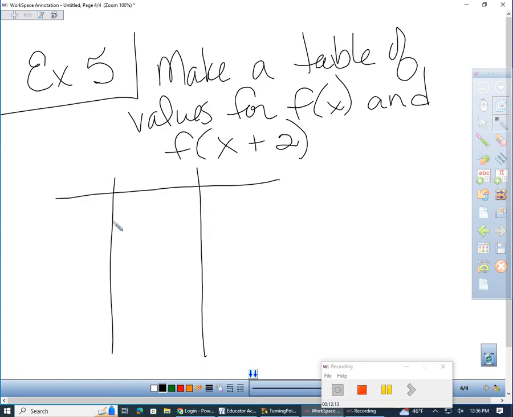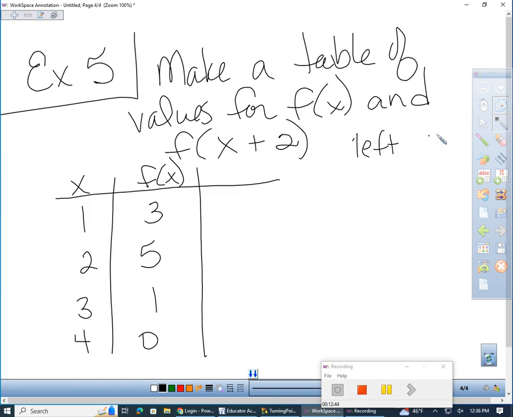Let's say for my f of x, here's my x and here's my f of x. And they give us 1, 3, 2, 5, 3, 1, and 4, 0. This says that I am moving which direction? We are going left 2. What one is that going to impact? The x or the y?